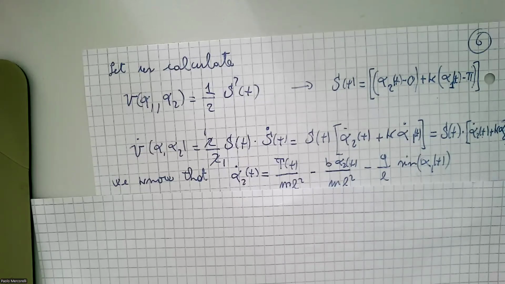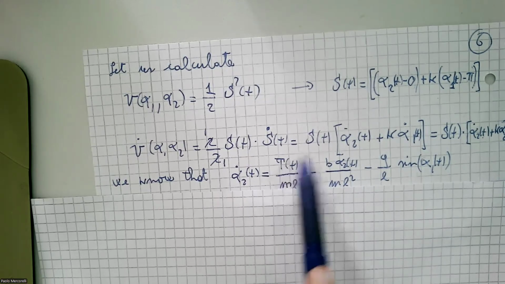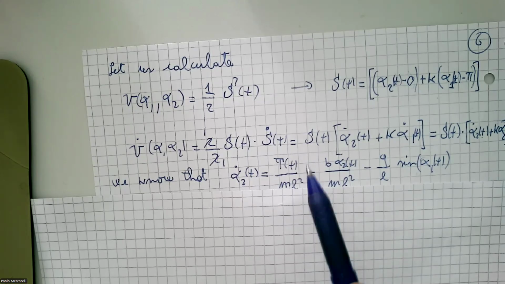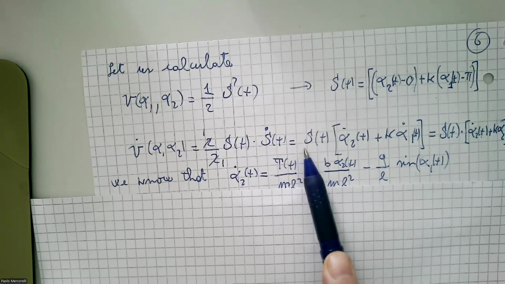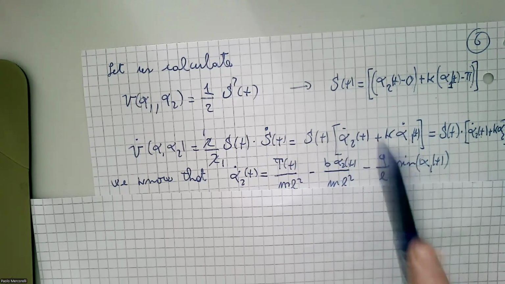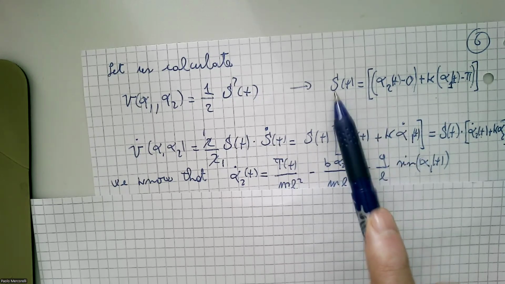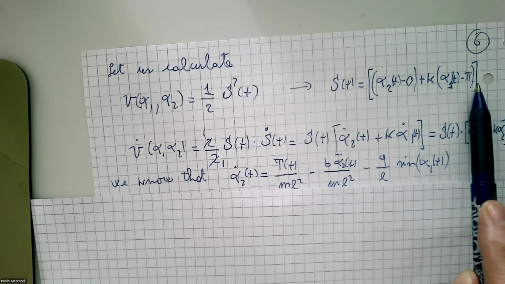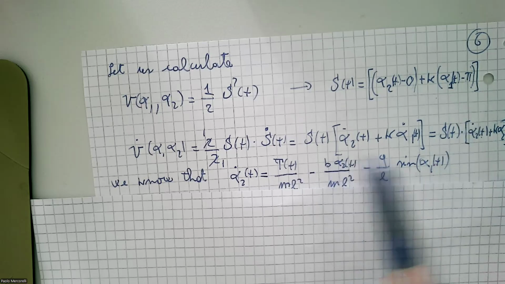The derivative of the function x with respect to the time, if x depends on the time, is exactly here. S multiplied by this, because S derivative, which is here, is this expression, which I can write in this form.